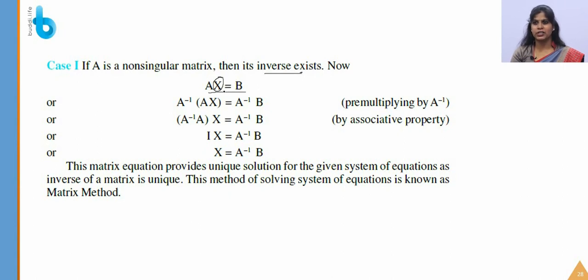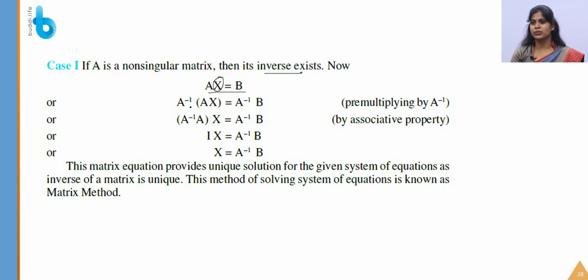If I get an equal matrix for this, using the equality of matrices I can equate each and every element and find the value of the unknown variables. So to remove this A from the left hand side, I multiply both the left hand side and the right hand side with A inverse, because A inverse exists.